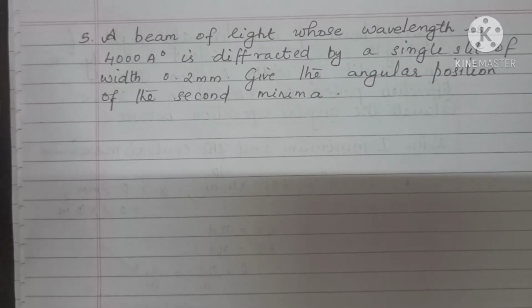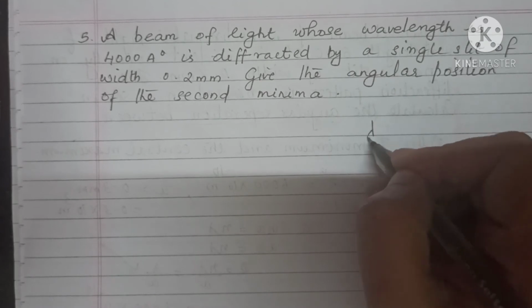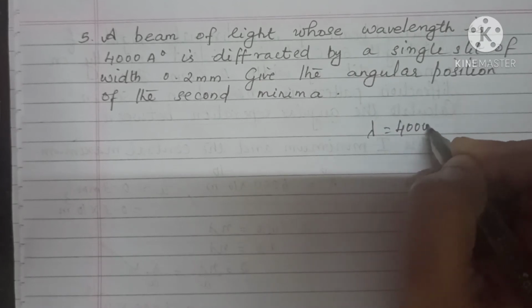So next question. A beam of light whose wavelength is 4000 angstrom is diffracted by a single slit of width 0.2 millimeters. Give the angular position of the second minima. Here the wavelength of the light is given, 4000 angstrom.